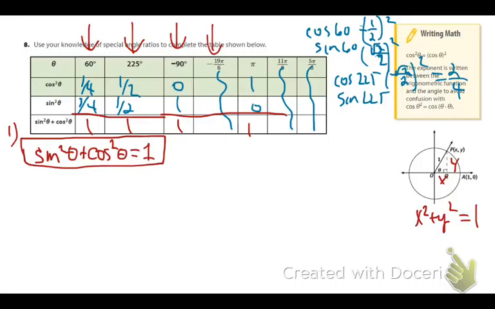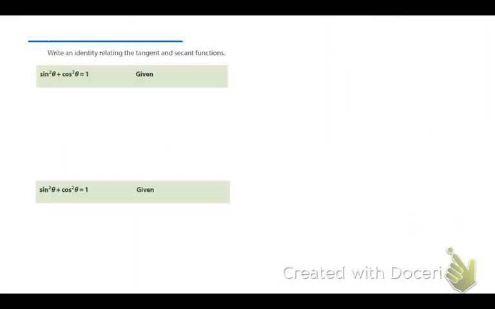Now, remember I told you that we were going to manipulate our equations using our identities to help us simplify these down? Did I tell you that? Okay, so we're going to start doing that. All right, we're going to start with our Pythagorean identity. Okay, so we're going to start with our sine squared theta plus our cosine squared theta equal to 1.